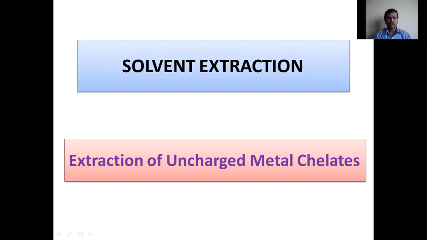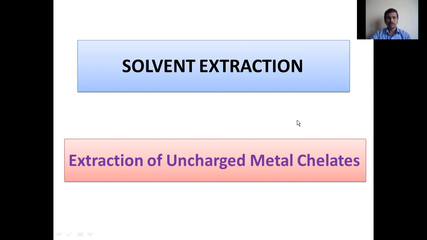In the previous module, we discussed the extraction of essentially covalent neutral molecules: the factors which affect the extraction efficiency and hence the selectivity of extraction, some examples, how to enhance the selectivity, and the experimental factors we need to optimize. In this module, let us discuss how the uncharged metal chelates are extracted.